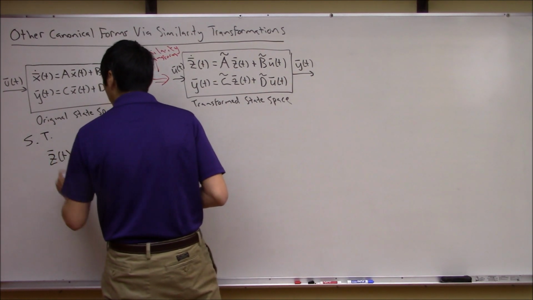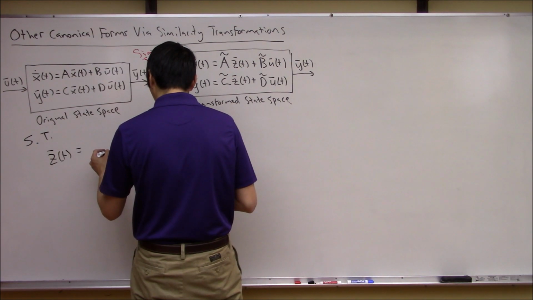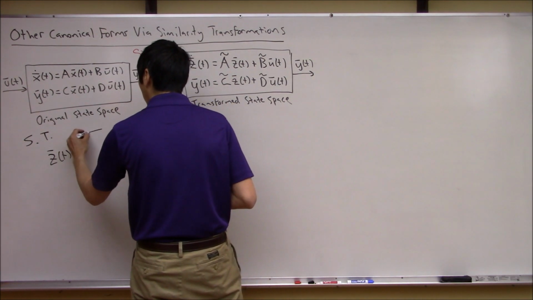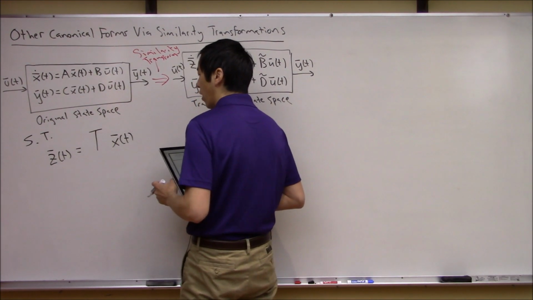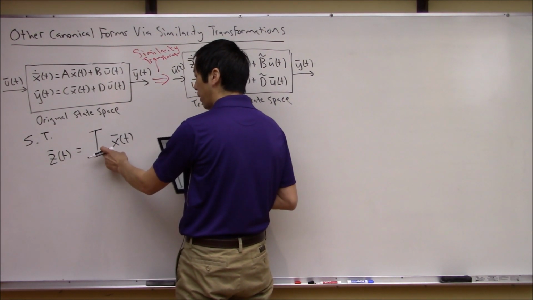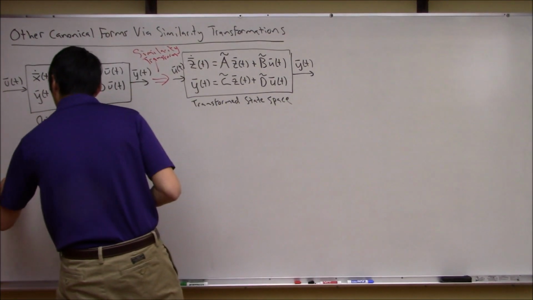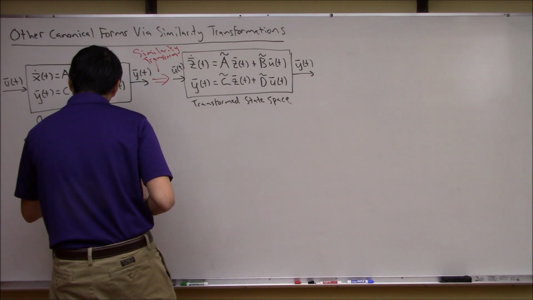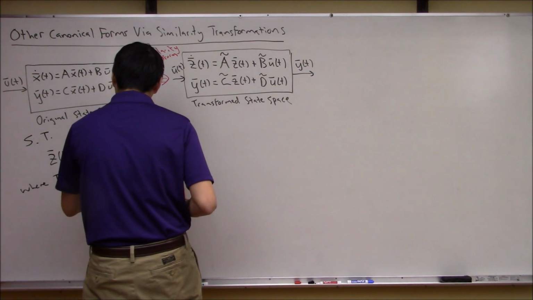Okay, and the new set of states are related to the original set of states x via some non-singular square n by n transformation matrix T. Just to refresh your memory, T was a non-singular matrix.